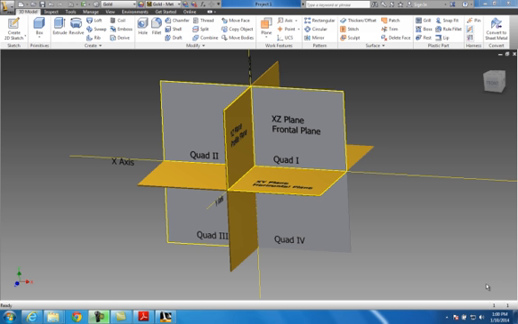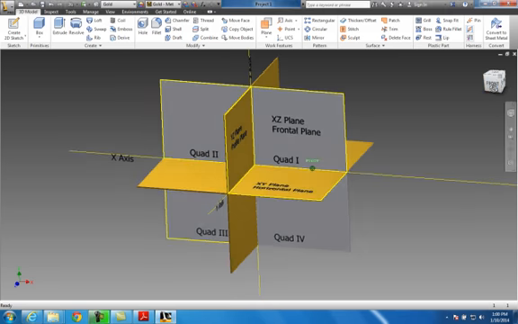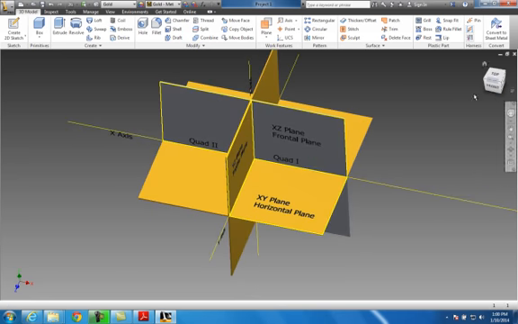Okay, I want to first start out by showing you the different axes and planes, and you pretty much know X, Y, and Z. I'll rotate this around, and this is just a typical way that this works. This plane right here, you all see it comes around through here.